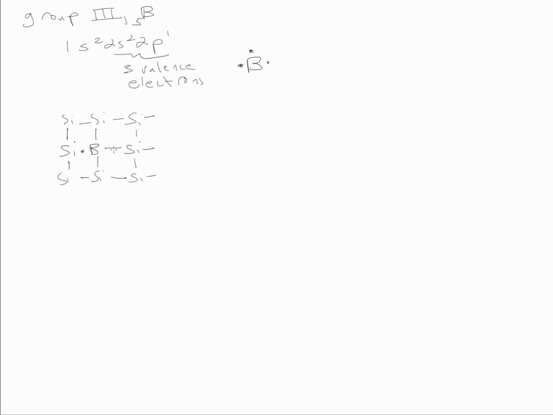And now some electron from a neighboring bond can move in there. And we can draw it now as a B with a Si, and so now this has a negative charge on it.